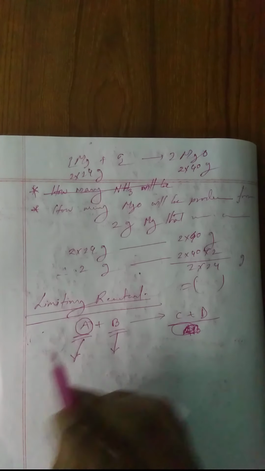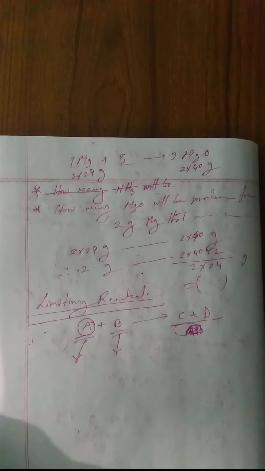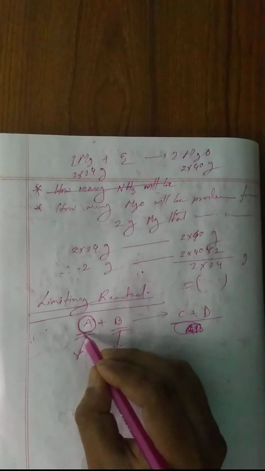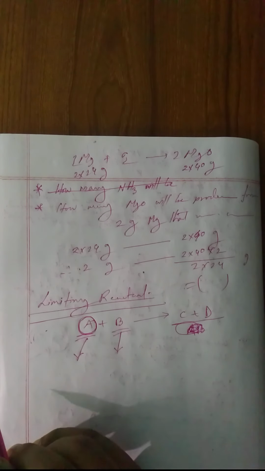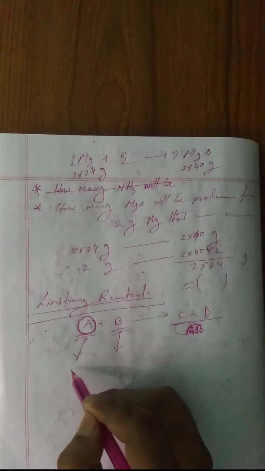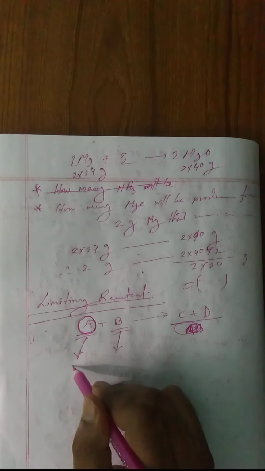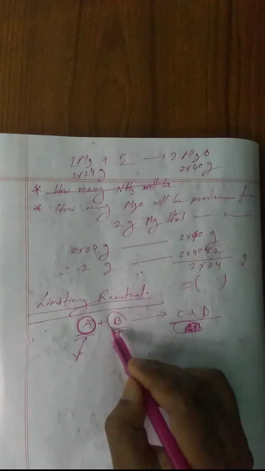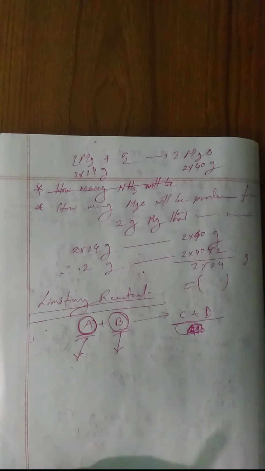The reactant which is finished first is known as limiting reactant. If A finishes first, A will be the limiting reactant. If B finishes first, then B will be the limiting reactant.